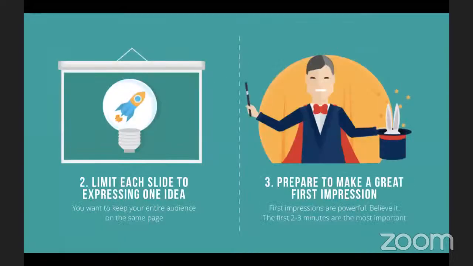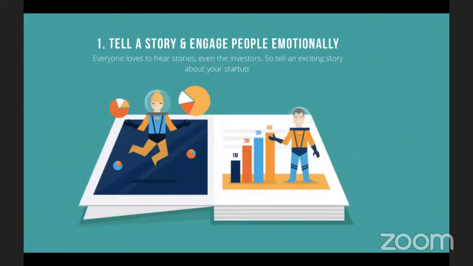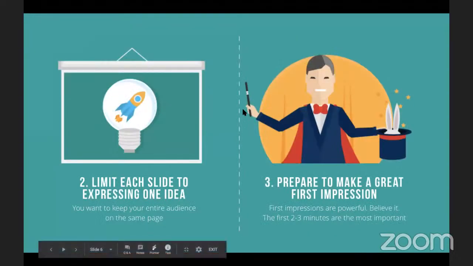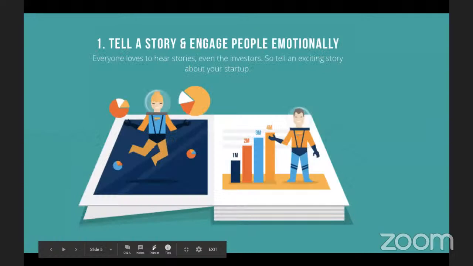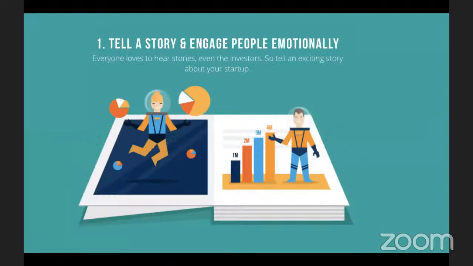Limit each slide to expressing one idea. And again, we will see exactly how all of this comes together when we review the Airbnb pitch deck. I mean, this slide has two ideas, but you know, this would be a better example of having one idea on a slide.